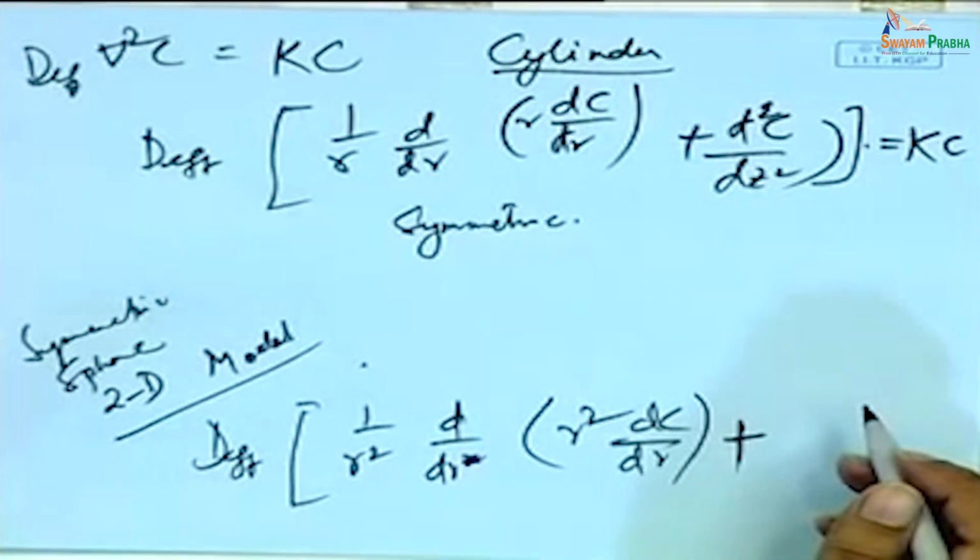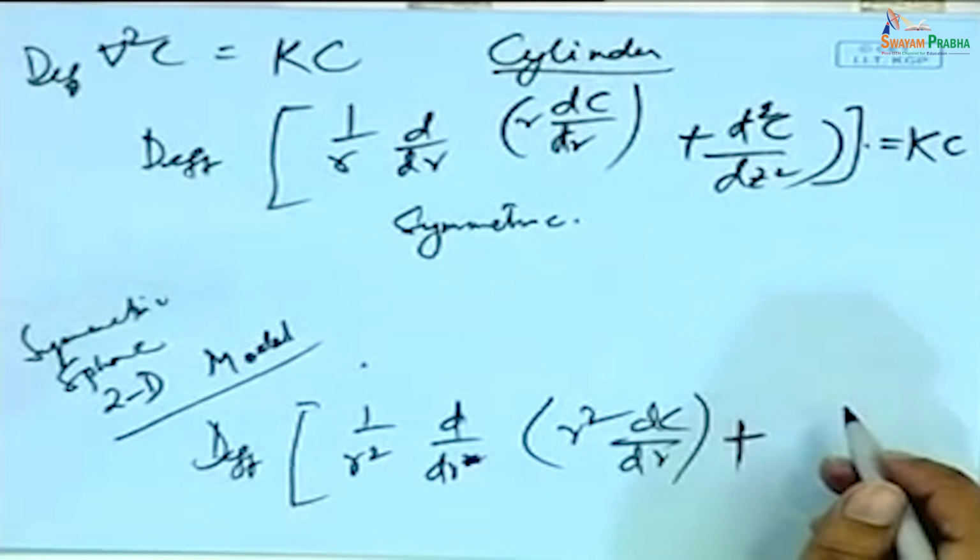Maybe theta and phi, but I asked you to write a 2D model, so which one would you choose? Why is that? I'm taking r as a symmetric part. Phi and theta are the symmetric part within a disk.